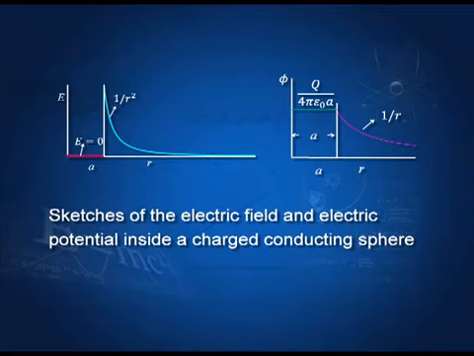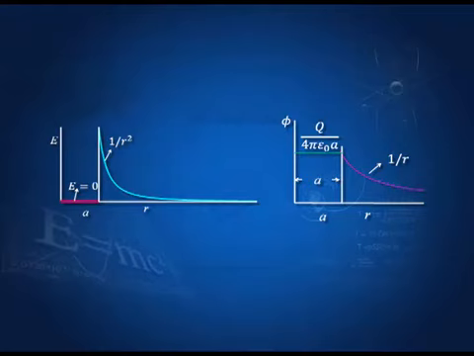So, let me show you now the profile of the electric field due to a charged conducting sphere and the potential due to the charged conducting sphere. We have found that the electric field inside this conducting sphere must be 0. So, E is equal to 0 up to the surface. At the surface, it has a value, and then it decreases as 1 by r squared.